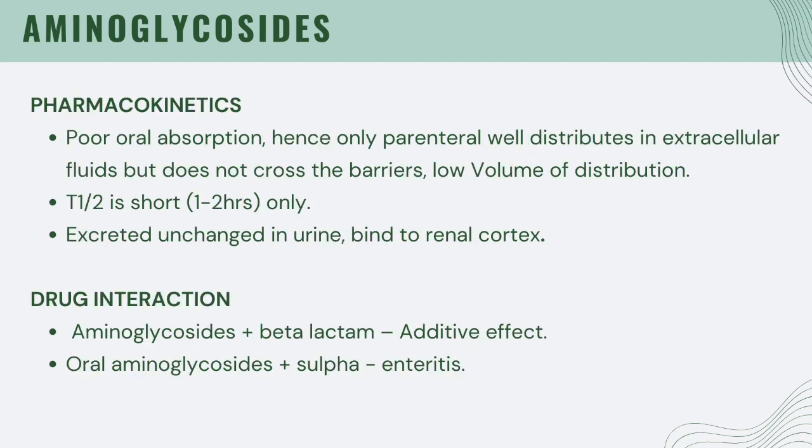It has poor oral absorption, low volume of distribution, has a short half-life, and is excreted in the urine. Aminoglycosides have an additive effect if administered together with a beta-lactam. When aminoglycosides and sulfonamides are used together, they can increase the risk of certain side effects, including gastrointestinal issues such as enteritis.